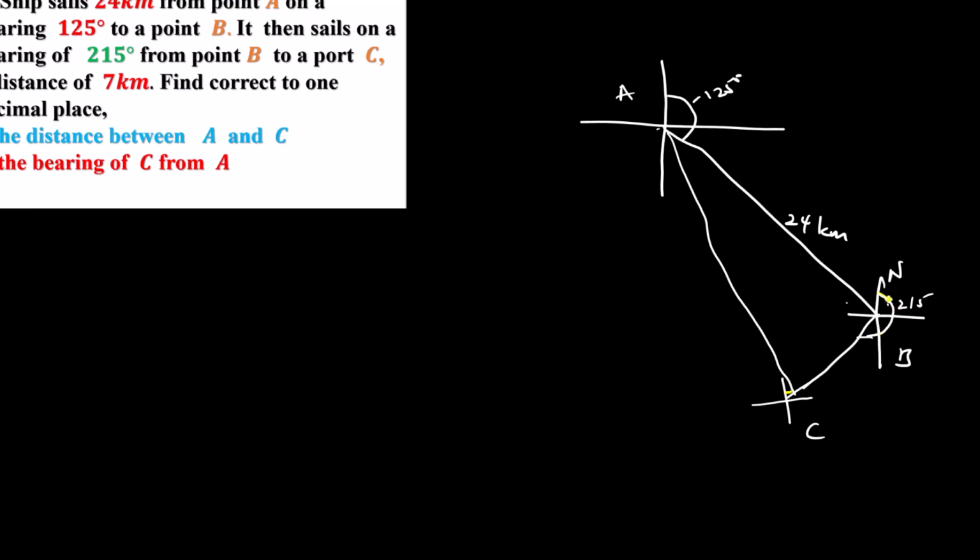So 180 plus what value will give us 215, since from this side up to the point C is 215? Let's subtract 180 from 215.